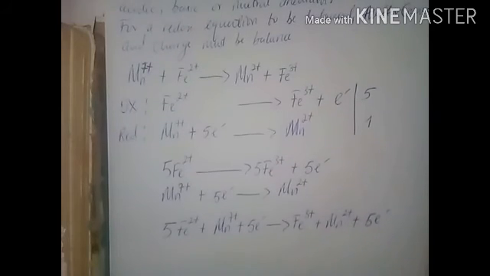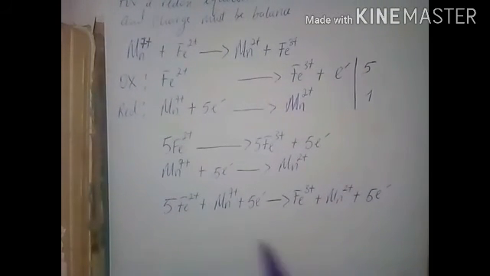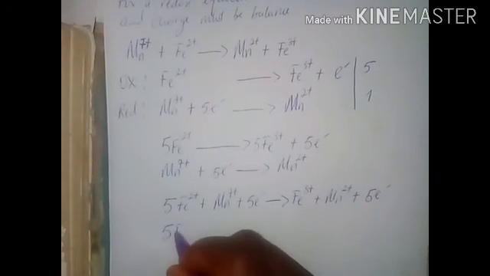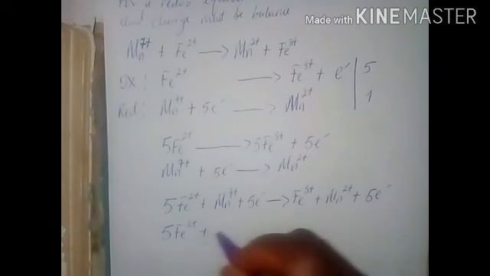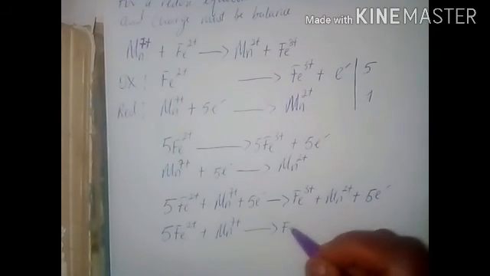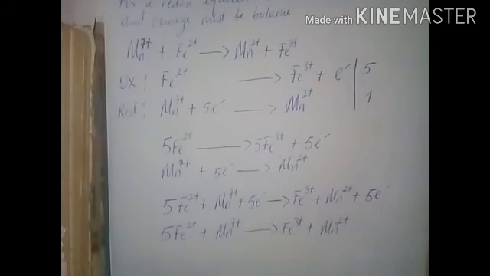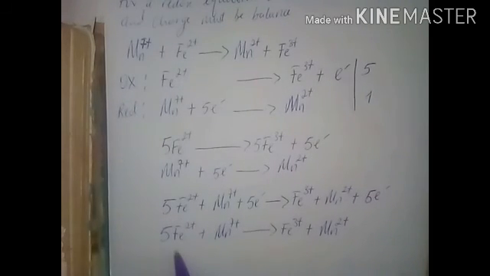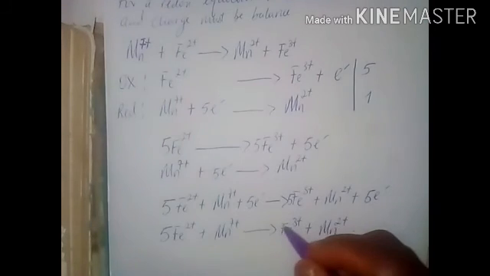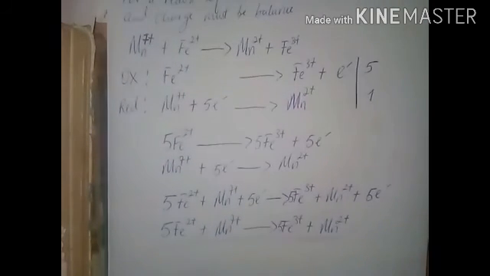But since the number of electrons is equal on both the left hand side and the right hand side, they cancel out and we are left with 5 Fe2+ plus Mn7+ to give us 5 Fe3+ plus Mn2+. And this is the final and balanced equation.